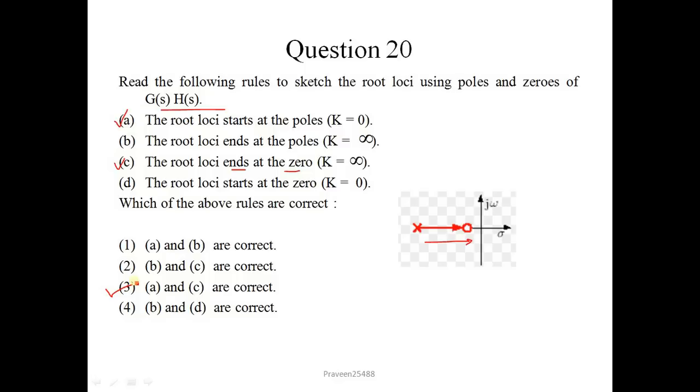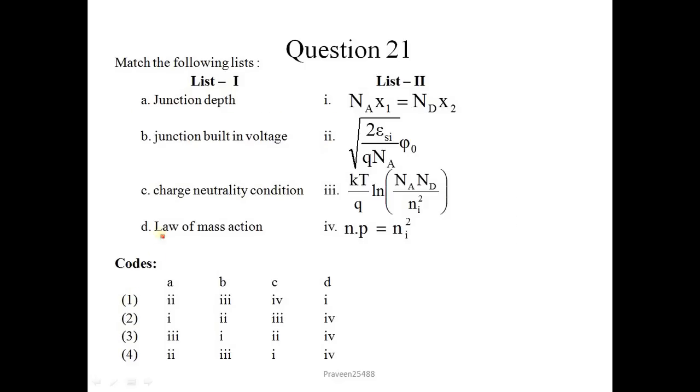Next is question number 21. Match the following list. From list 1 we have to match to list 2. Here the D is the law of mass action, we know it very well: np is equal to ni square. Charge neutrality condition is given as Na x1 plus Nd x2.